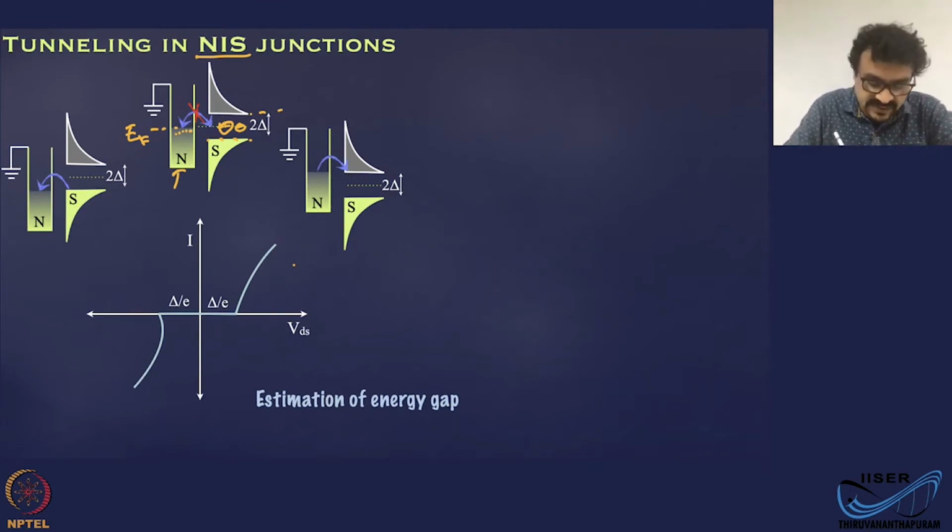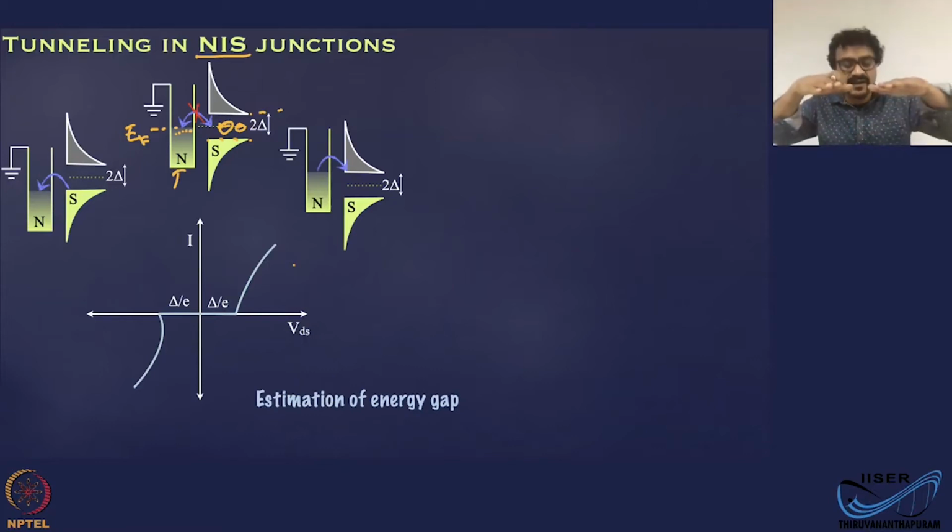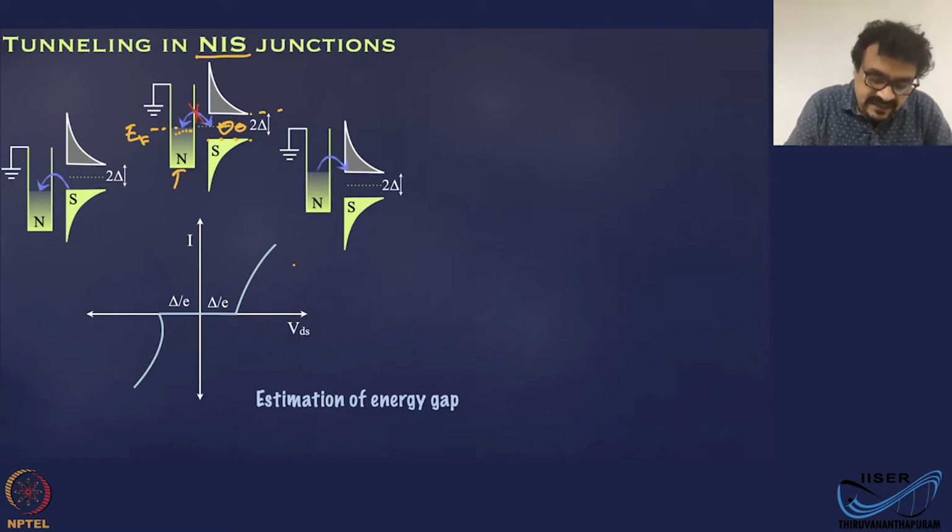So what that means is no current will be flowing in this specific case, in this picture. At zero bias, no current will be flowing, and that situation is the same as long as you slide the superconductor side with respect to the metal side until this situation is reached, where these electrons can now tunnel and occupy the empty states on the superconductor side, which is a distance delta above.